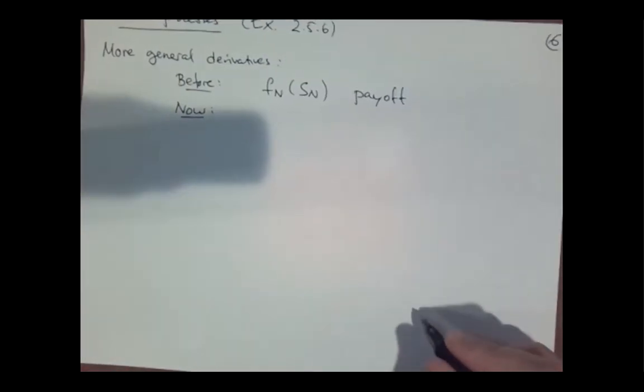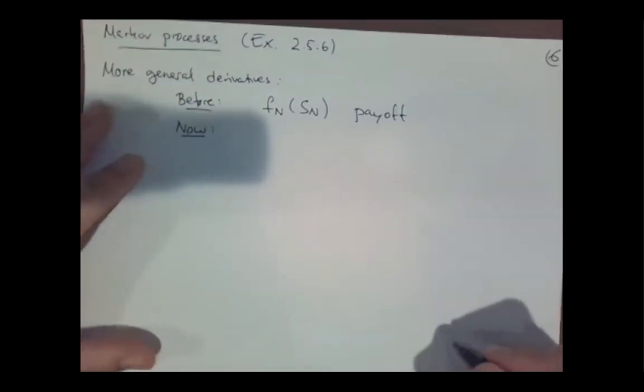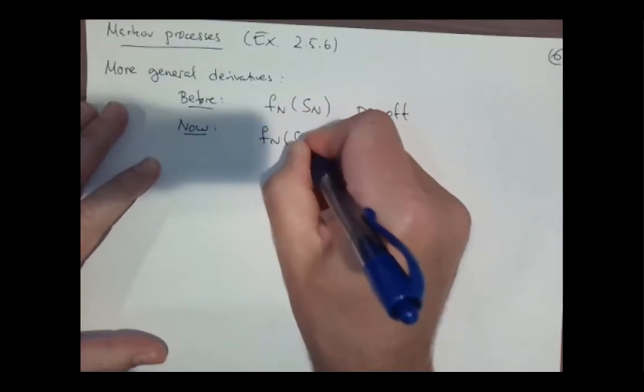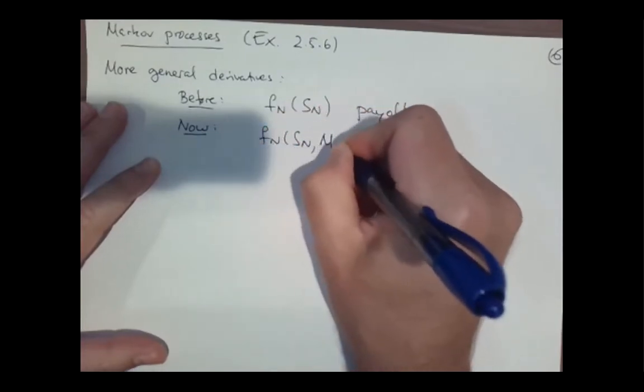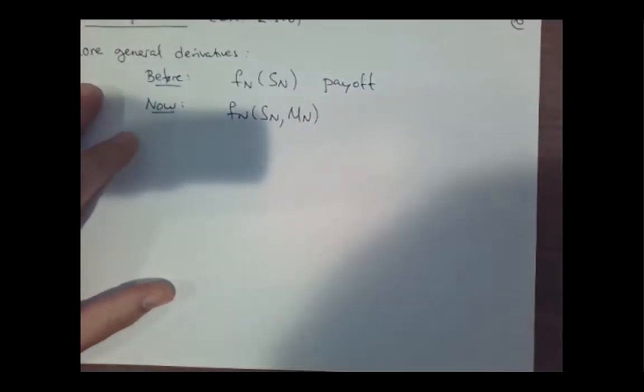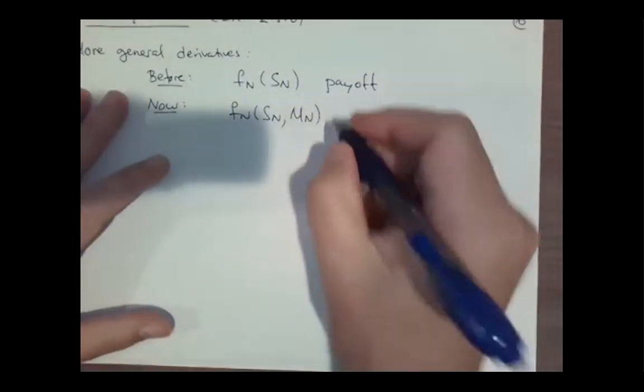in this particular example, we're looking at Fn. It can depend upon the stock, and then it can depend on this Mn. Right, and this Mn, this is a new thing.